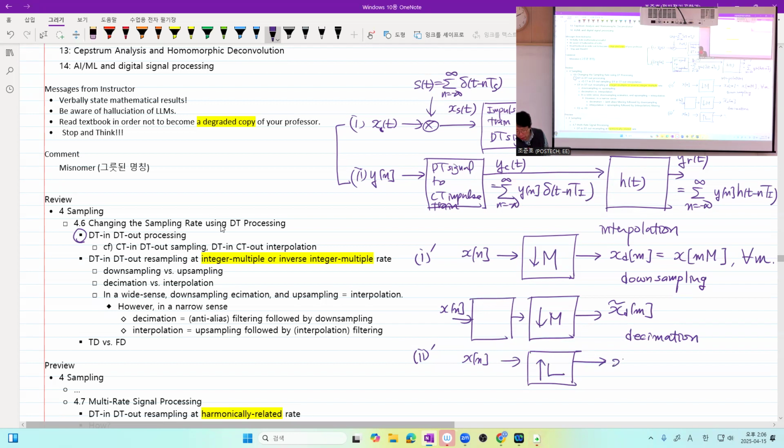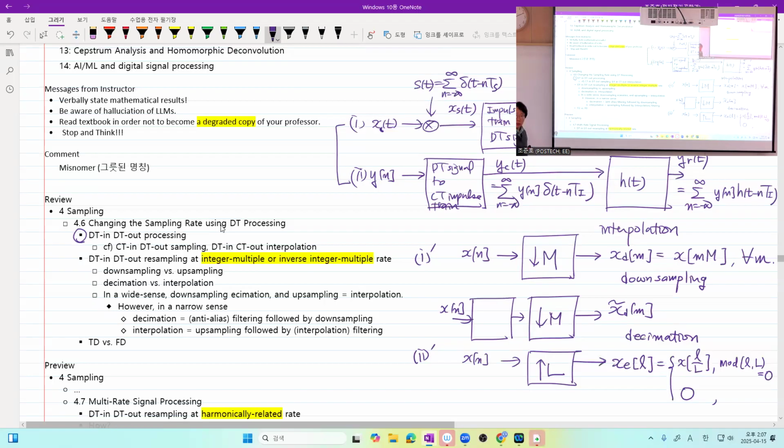You have the output, let me see, L equals capital L. So when we divide lowercase l by capital L and its remainder is 0, then we have the original signal, x.